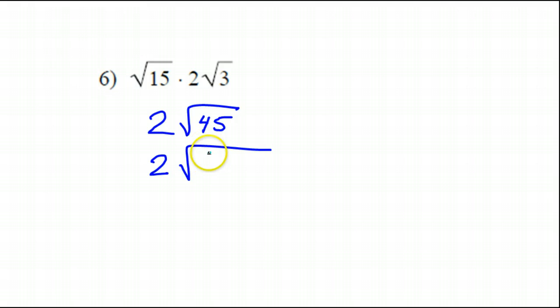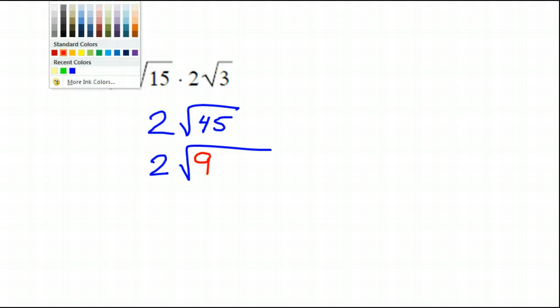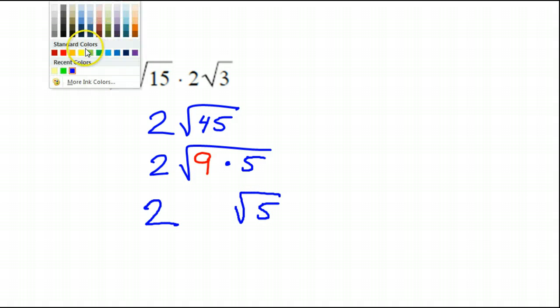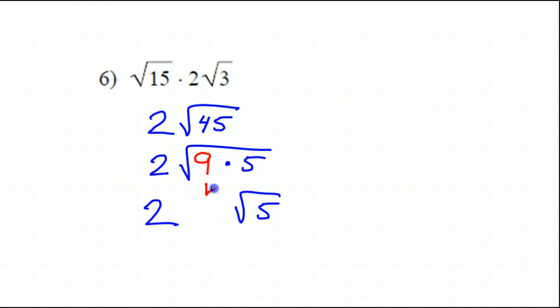So I'm going to put that 9 in red like I do. 9 times 5. Everything in blue is going to stay like it is. So I'm going to have my 2, and I'm going to have my square root of 5. But the 9 is going to simplify. The square root of 9 is 3, and that will multiply. So that's why the final answer is going to be 6 times the square root of 5.